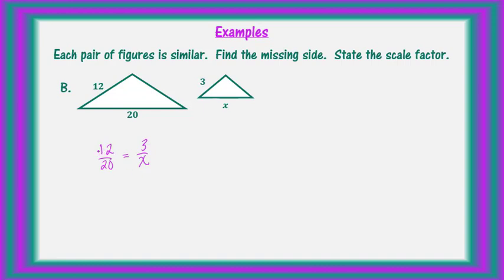So dividing 12 by 4, I'm left with 3. And then dividing 4 into 20, I'm left with 5.